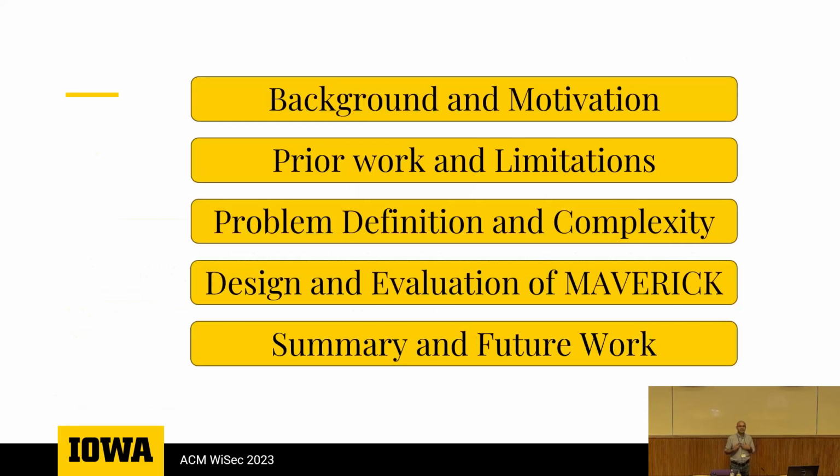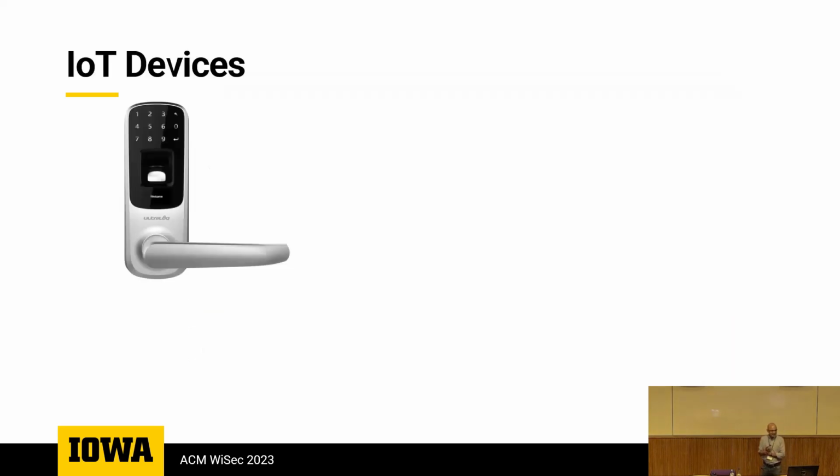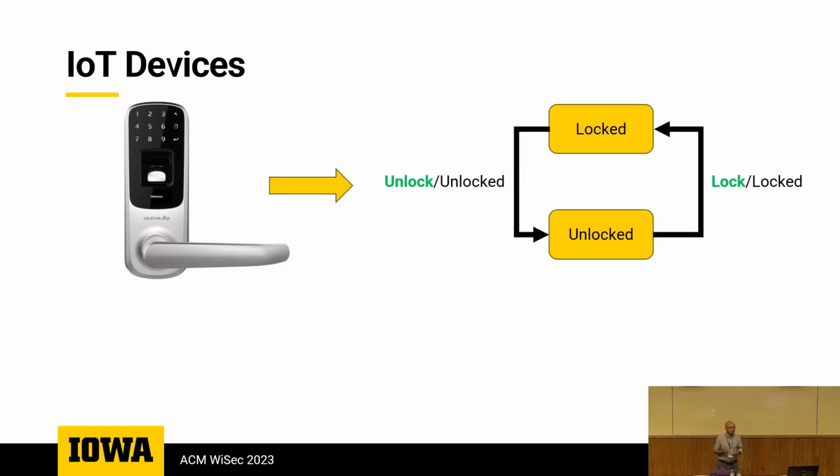Now, as I mentioned, I wanted to give you a problem definition and complexity in respect of Alan Turing. We'll see why in a bit. So IoT devices, if you think about it abstractly, can be viewed as essentially a Mealy machine, okay? Where you have actions, which are denoted by green, that can be issued to it, like say lock and unlock, and it then communicates back to the system a status update.